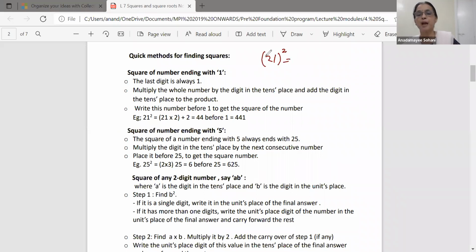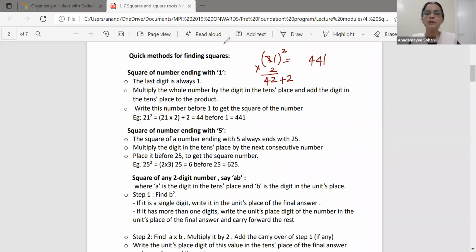I will multiply 21 by 2, the number in the tens place. That is 42. And to that, I will add this 2 again. That gives me 44. So 21 square is 441. This is the shortcut for finding the squares of numbers ending with 1.